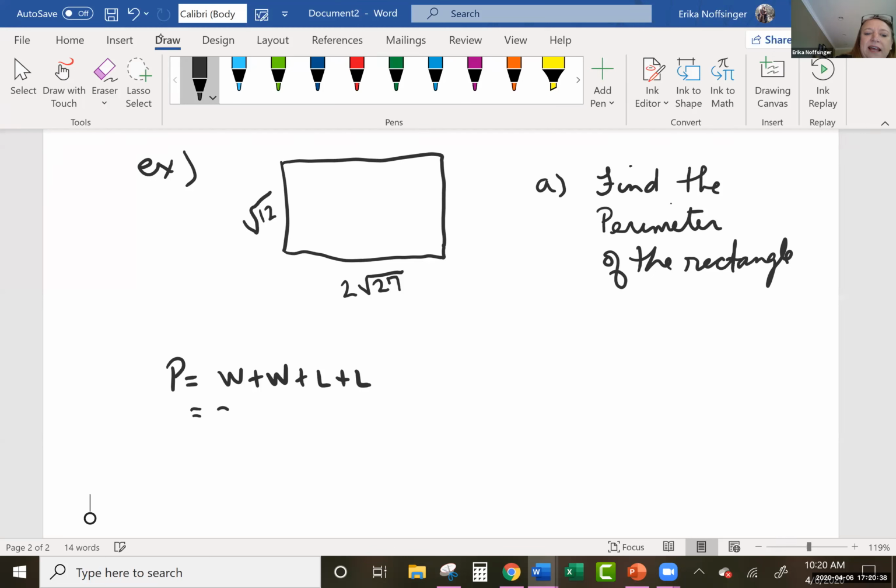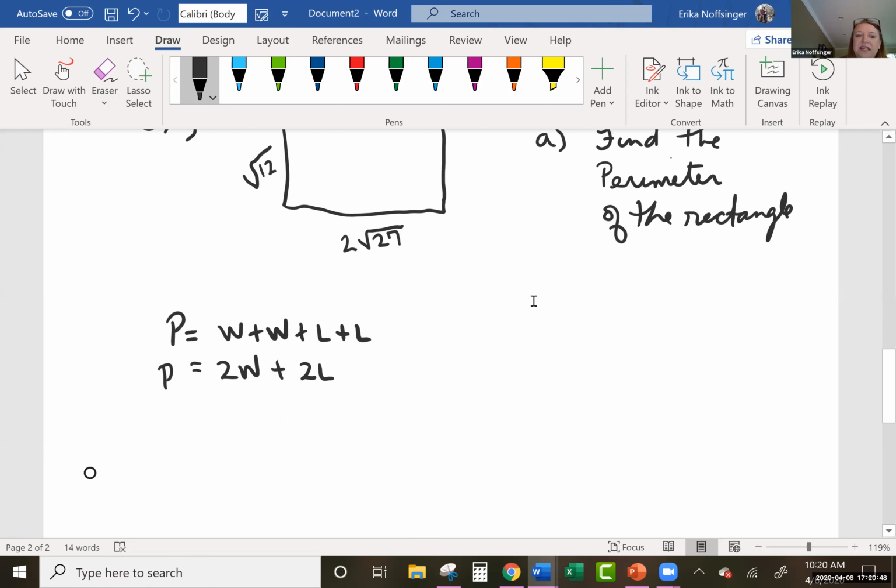Or you've seen it as 2w, twice the width, plus twice the length. And so all we need to do now is go back in and plug in what the width and the length is. So one is root 12 plus 2 times, and the other is 2 root 27.